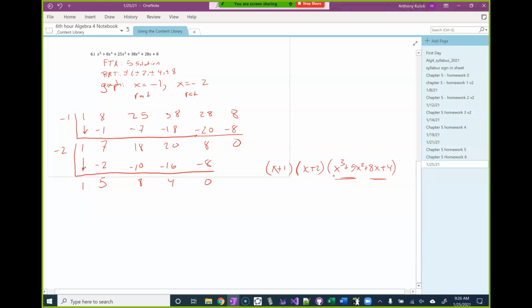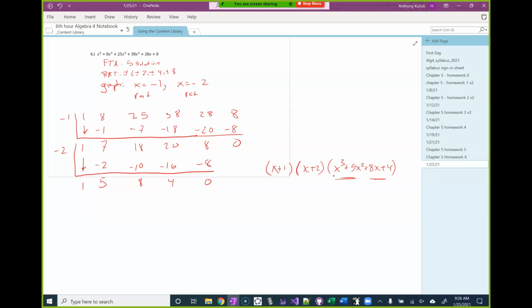So there should be still 3 more solutions, right? Possibly 3 more things I could factor. We have a couple of choices. So that x cubed plus 5x squared plus 8x plus 4 thing, it could just not be factorable. That could be. It could have irrational factors that we can't use synthetic division on, but we should have still seen those x-intercepts when we looked at the graph.